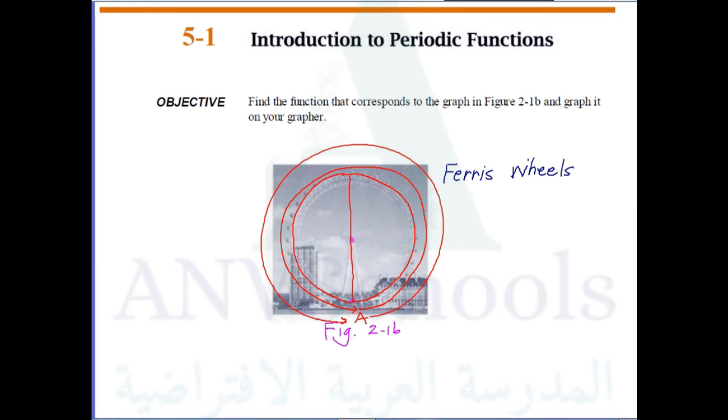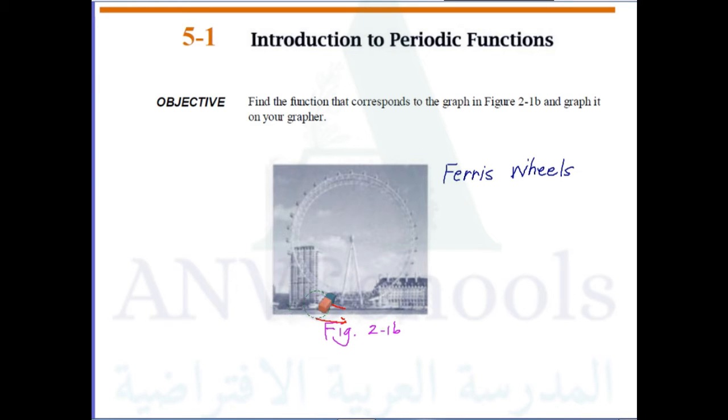Now remember, for that minute where you rode the Ferris wheel, how many degrees of rotation did it actually accomplish? You could say that maybe you've gone 10 periods or 10 rotations, right?